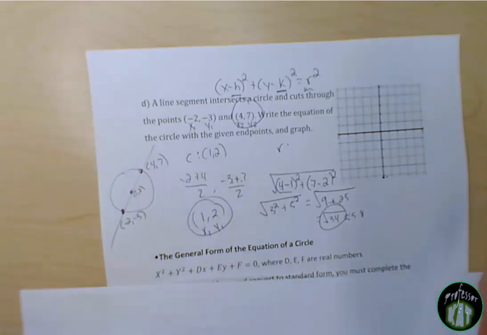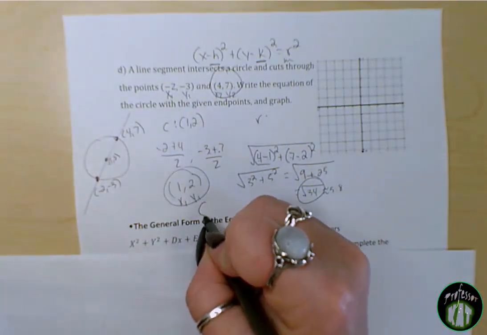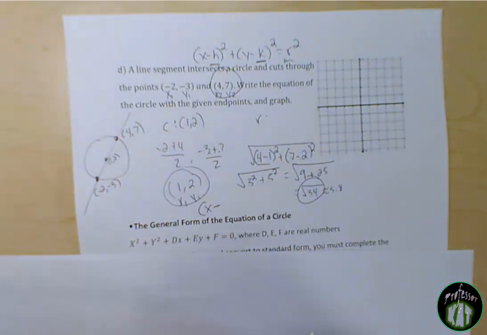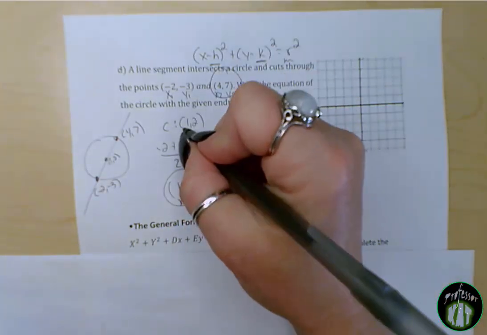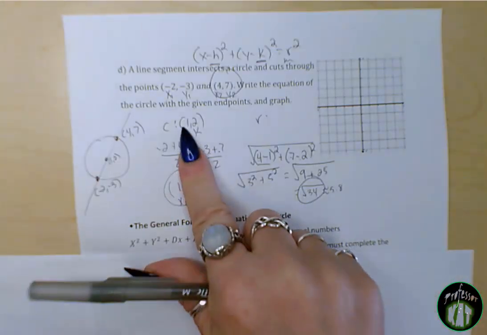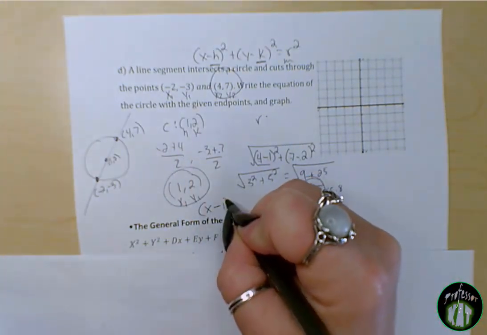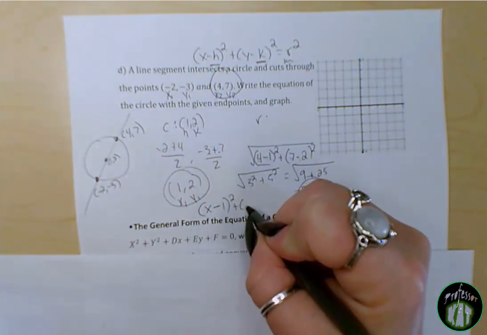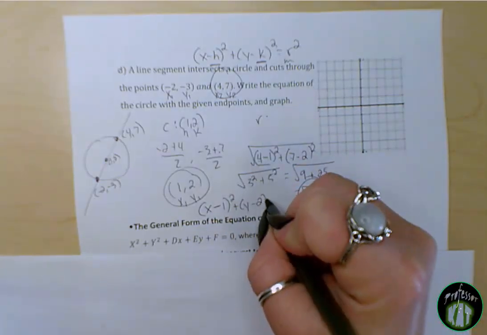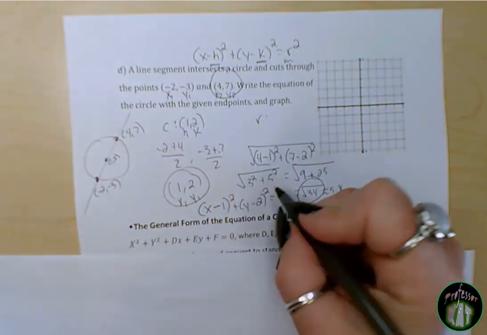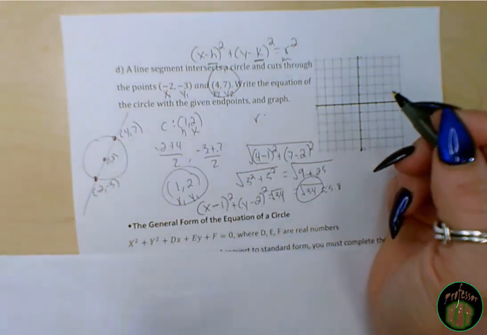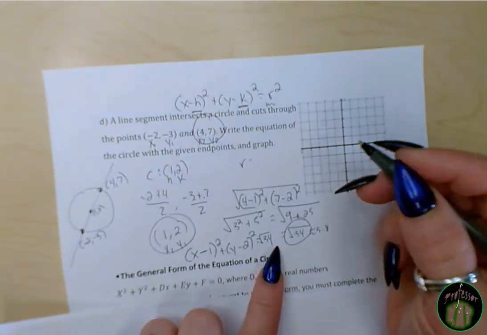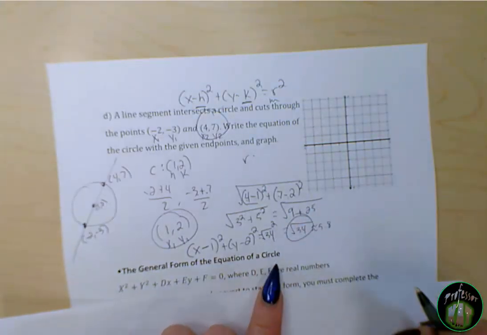So this is how that's going to look. We have x minus h. Again, keep in mind h, k is our center, so h is 1, k is 2. So x minus 1 squared plus y minus 2 squared is equal to our radius squared, which is the square root of 34 squared.